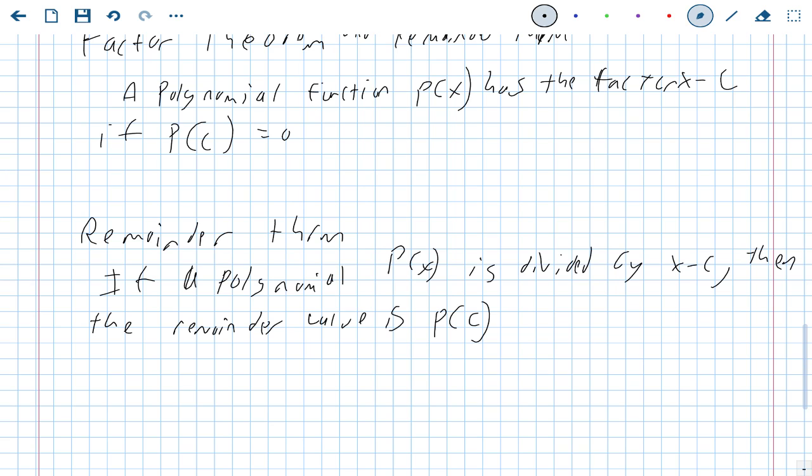The factor theorem is almost similar, but again, this is something you need to remember, because they do occasionally need you to show this, and this is sometimes easier than doing the actual polynomial factorization or long division. So these two are very important to remember.